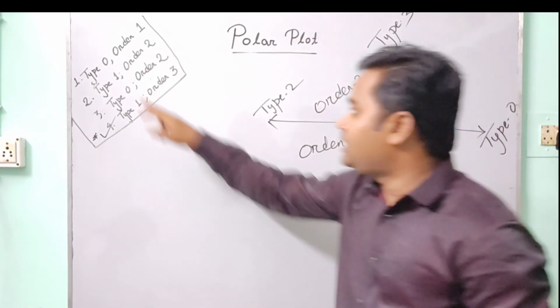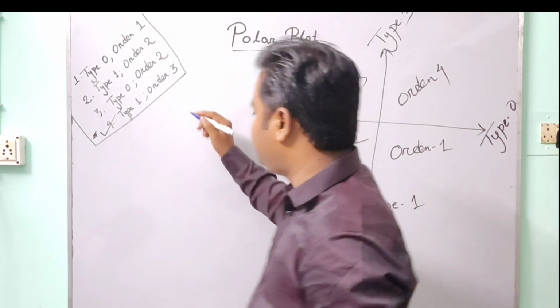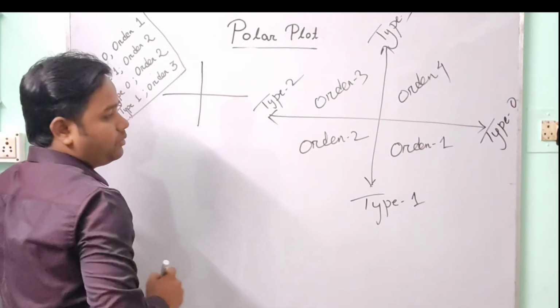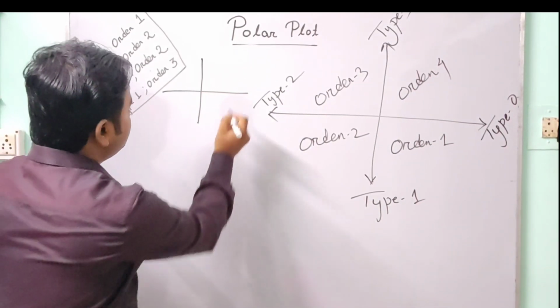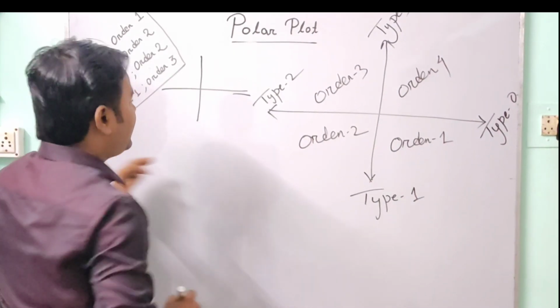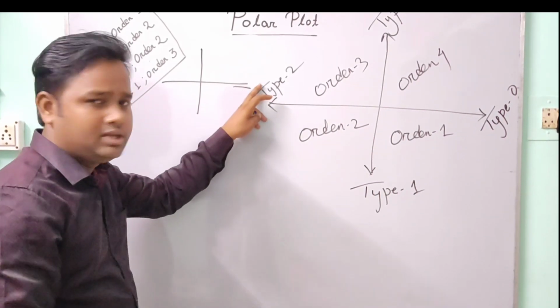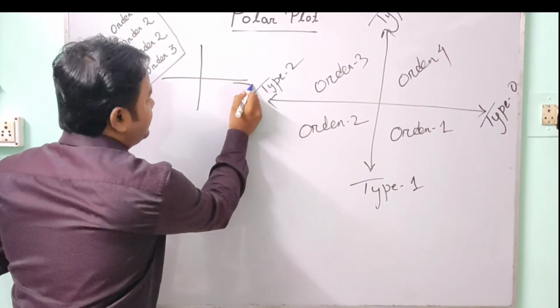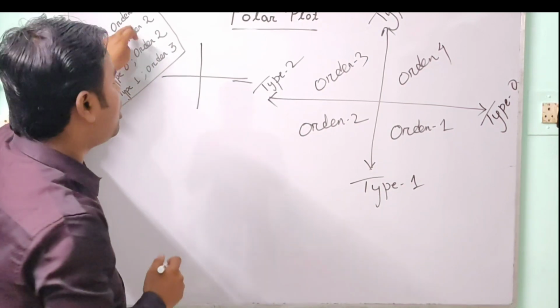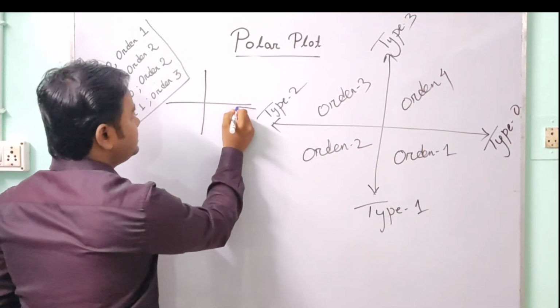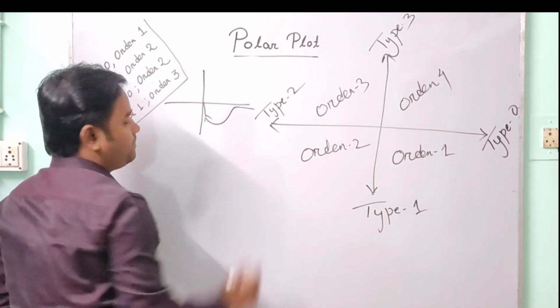So the graph of type 0 order 1 will be like this: this is the starting point, since the type is 0, so it starts here. If the magnitude is 1, it starts here; if the magnitude is infinite, it starts here. That means it always starts from this side and ends at order 1. Order 1 means this region, so it ends here.